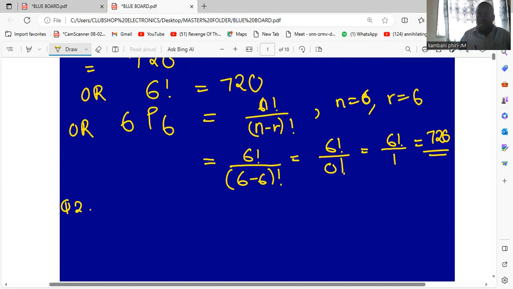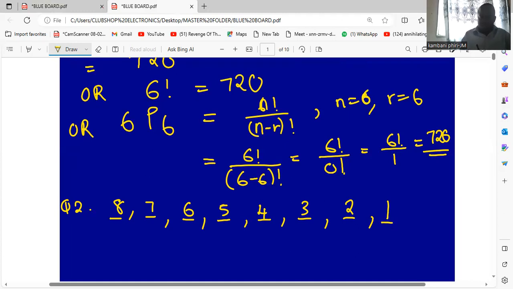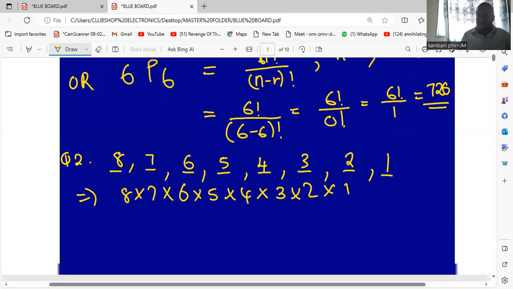Question 2. So we have 8. First one, you can place 8. The 7 cans can be placed here. Then the 6 cans can be placed here. The 5 cans can be placed there. The 4 cans here. The 3. The 2. Then the last one will be put there. So this is the same as 8 by 7 by 6 by 5 by 4 by 3 by 2 by 1.